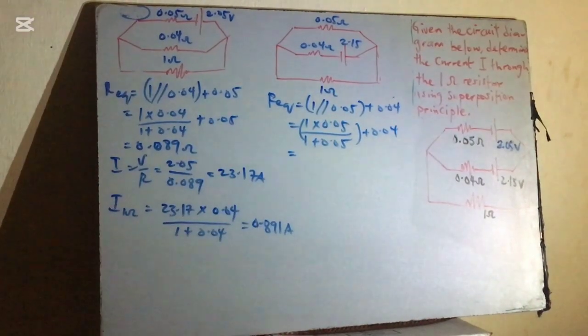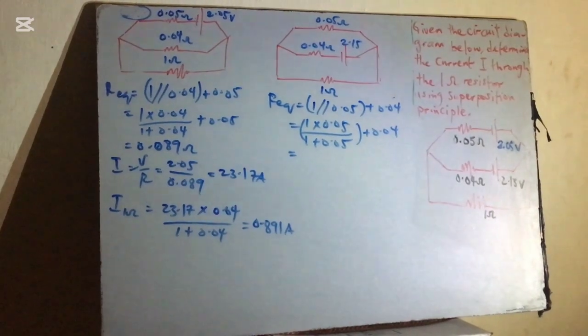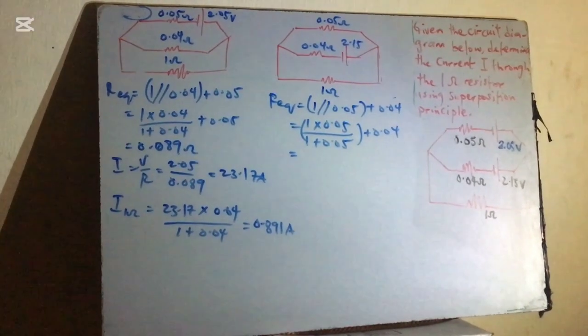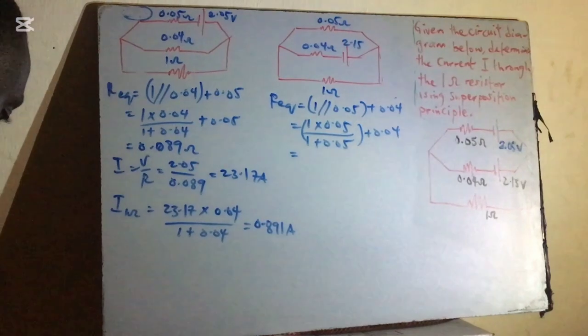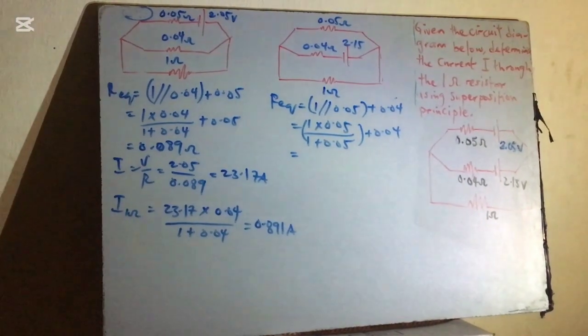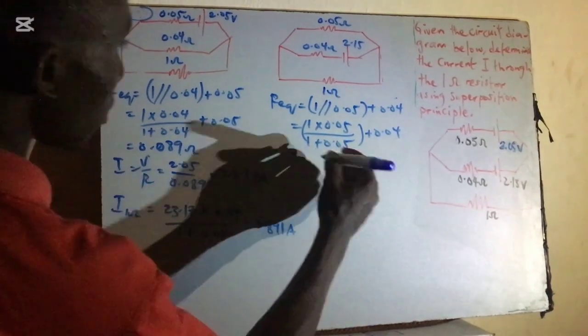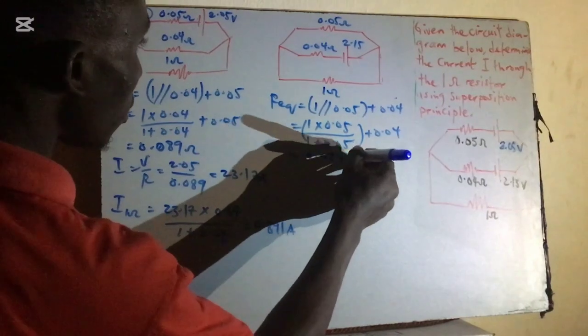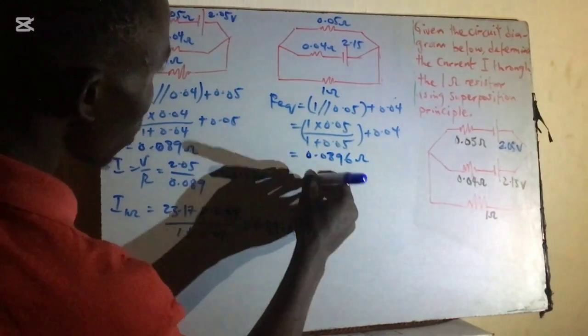We calculate that on our calculator, and we have an equivalent resistance of 0.0896 ohms.